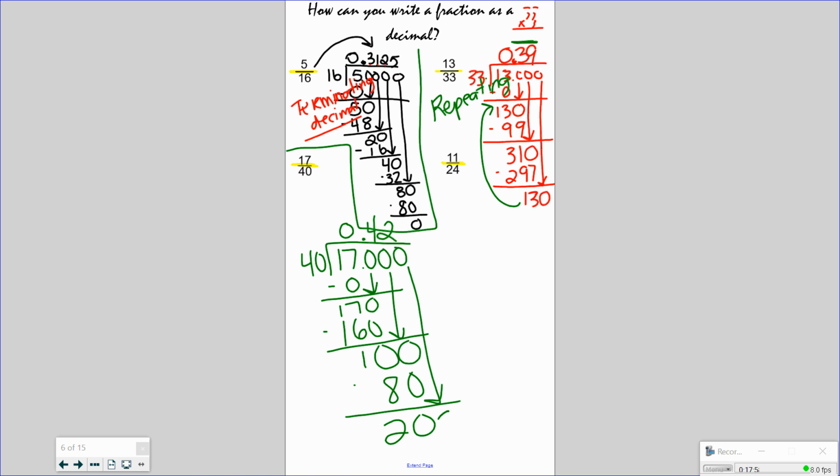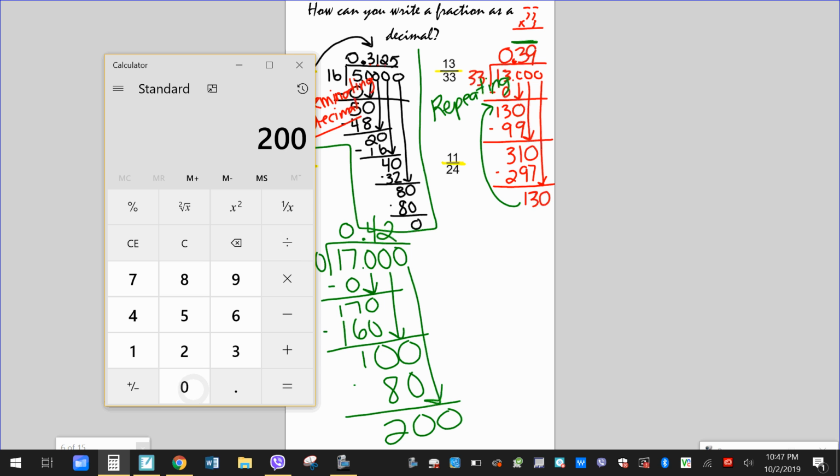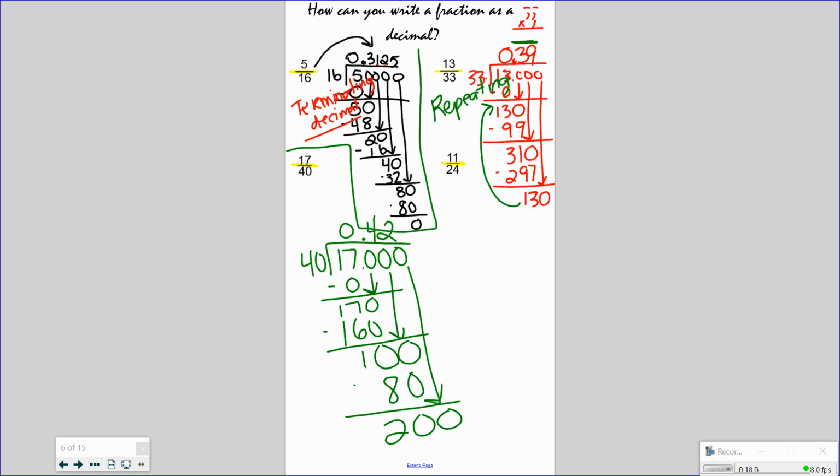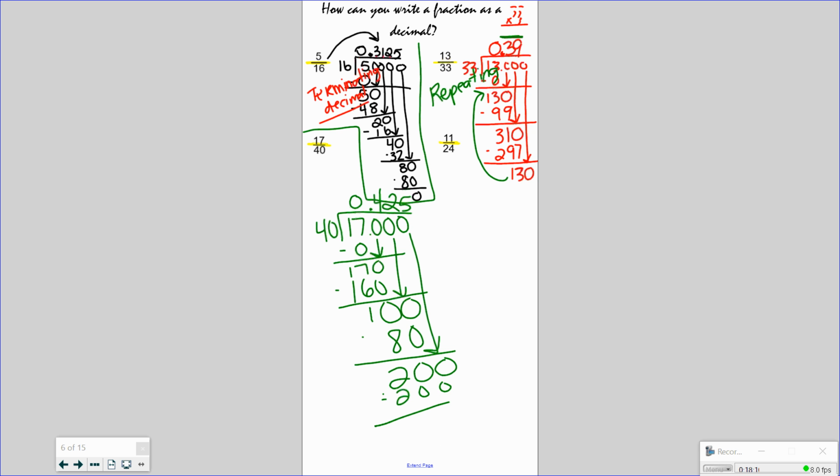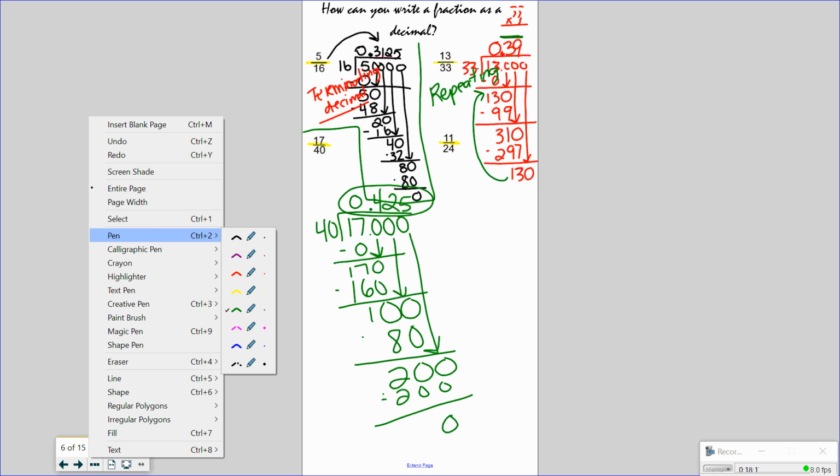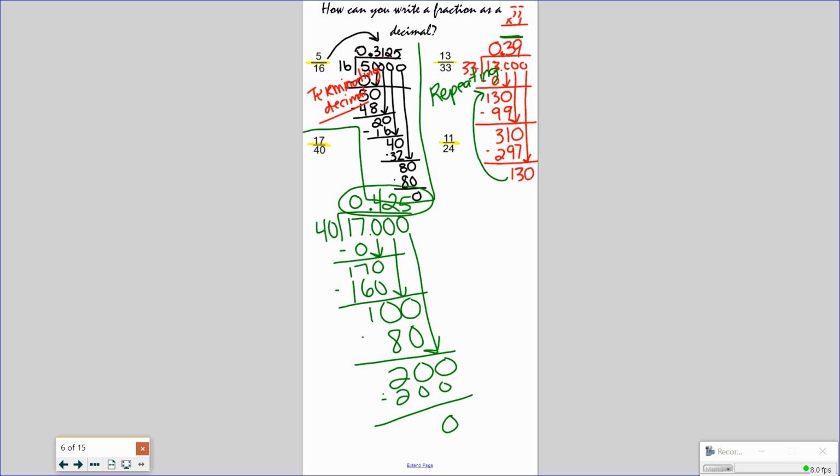Bring down the 0 again. 200 divided by 40 is 5 wholes exactly. So that equals 200. We end up at 0. So our final answer here is 0.425. This stopped. So this is a terminating decimal.